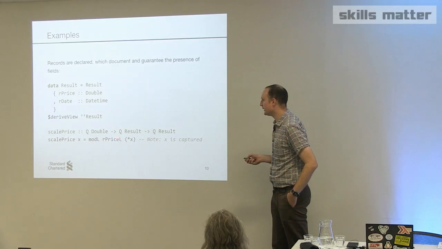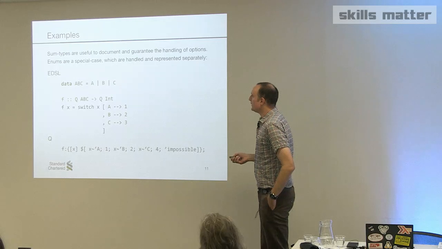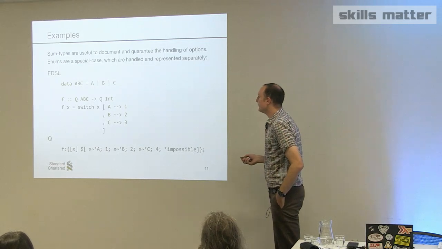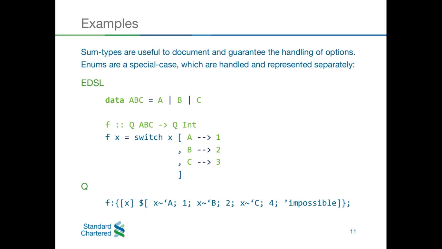Here's some code in the DSL. Notice that that's a closure there. Can't do that in Q. We use sum types a lot for options. I've handled enum as a special case where you can have something that looks a bit like a switch here.